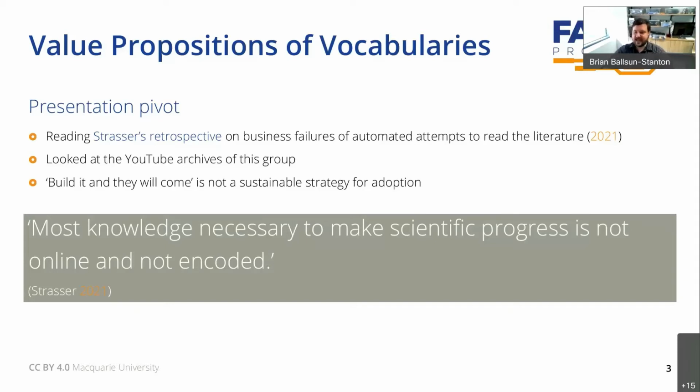He was looking at an AI-based literature review service, and a quote really stuck with me, that most knowledge necessary to make scientific progress is not online and not encoded. And he's saying that this year. I stopped and thought, wait, no, that's about right.